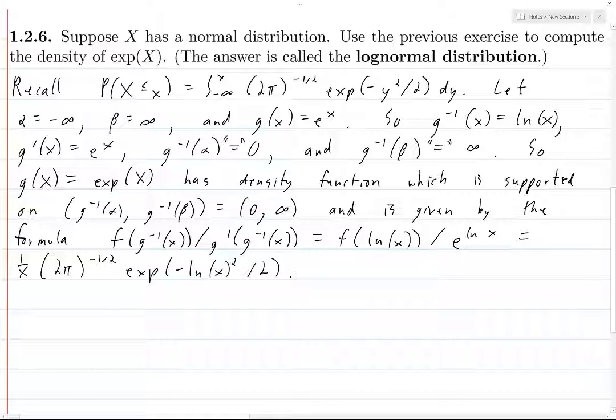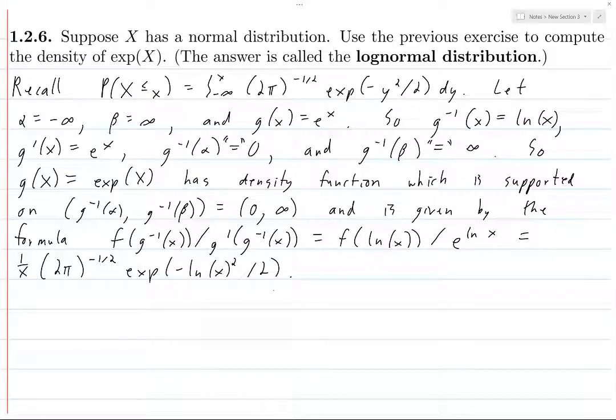So the final expression of the density function for the exponential of X would be this formula that I've written here times the indicator function on the open interval from 0 to infinity.